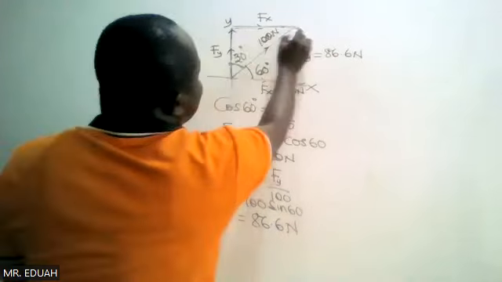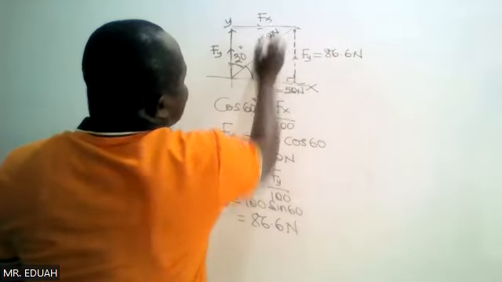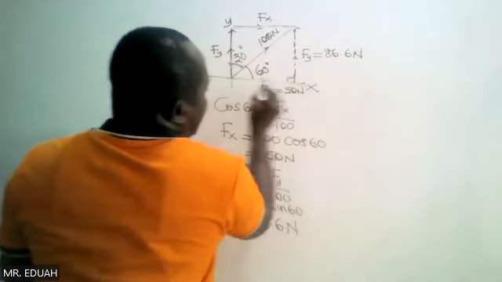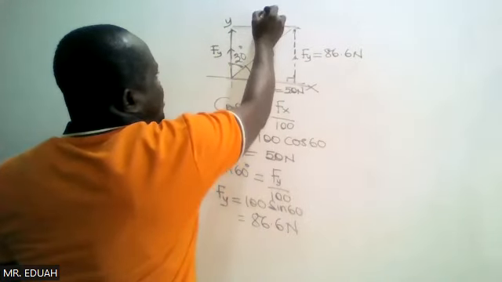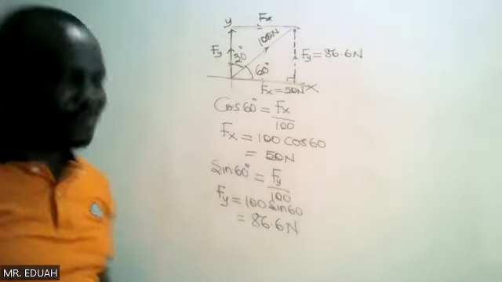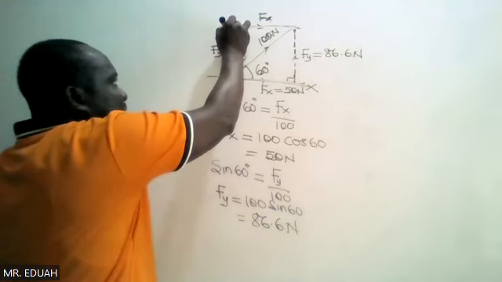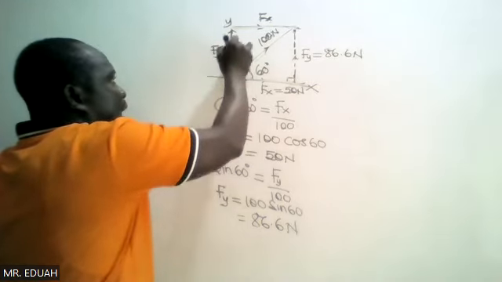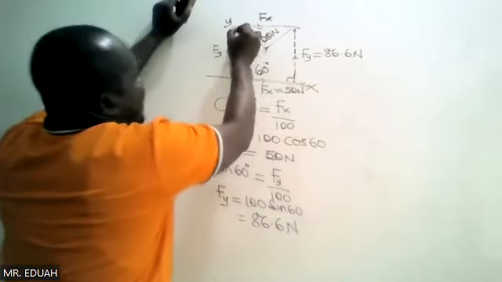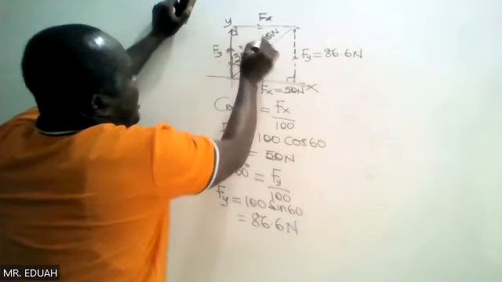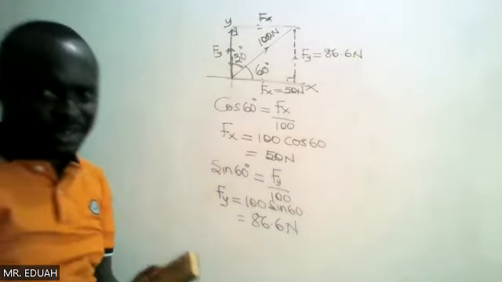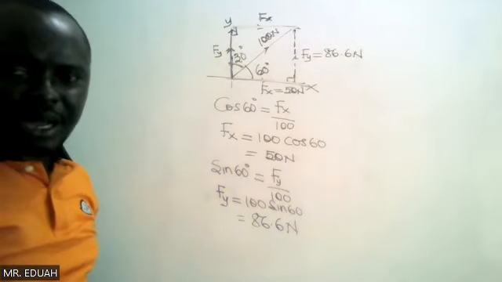But this side will be indicated as Fx because it's within the x-axis. So this side will still be Fx, even though it is the opposite to the angle 30 degrees. This side is the adjacent, but it's along the y-axis, so it will be named Fy. They are perpendicular to each other. If I want this, what appropriate trig ratio do I use? Tan. Sine. I'm hearing no.